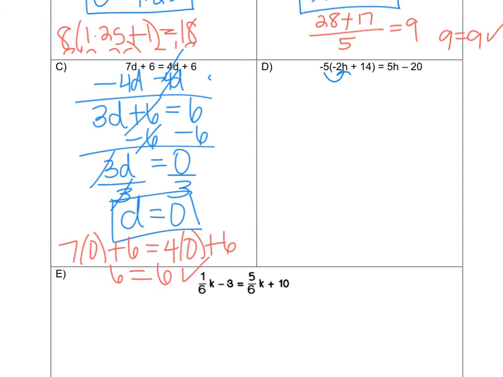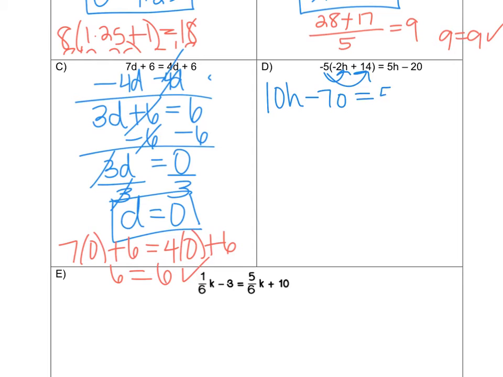So I'm going to go ahead and distribute out this -5. -5 times -2h would be positive 10h. And then -5 times 14 is -70.